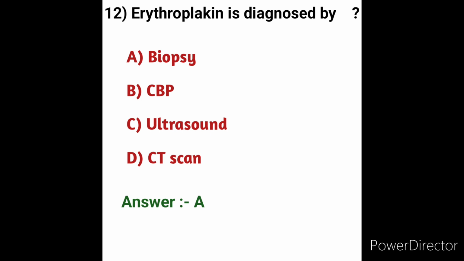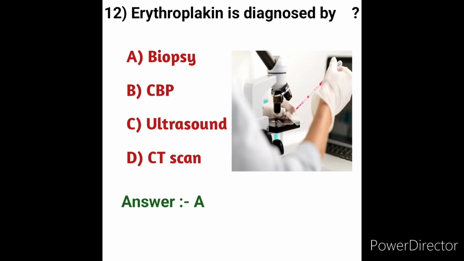Erythroplakia appears as abnormal red lesions on the mucous membranes in the mouth. So they will take a biopsy and send it for a diagnostic test for erythroplakia. Here option A is the correct answer. We can diagnose erythroplakia by biopsy. This is one of the diagnostic tests. Next we move on to question number 13.